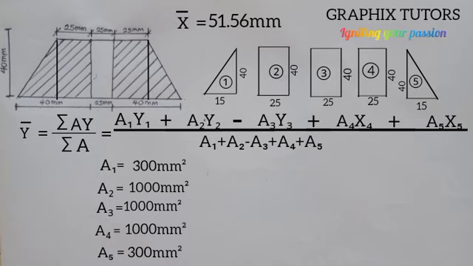So minus a3 y3 plus a4 y4 plus a5 y5, all over a1 plus a2 minus a3 plus a4 plus a5. So this is my new formula here now. Since we are considering the same figure, the area will not change. The area will remain the same.